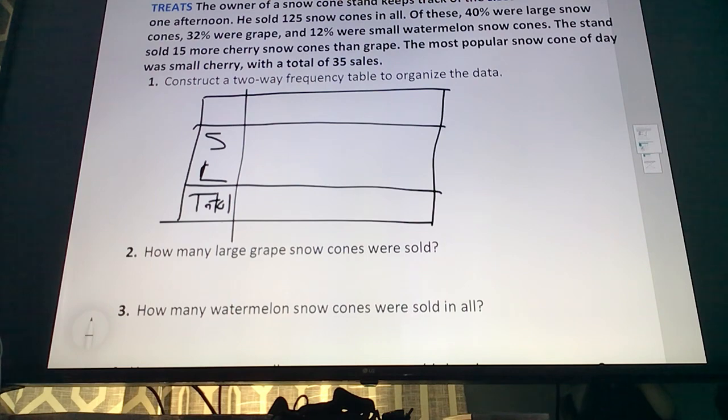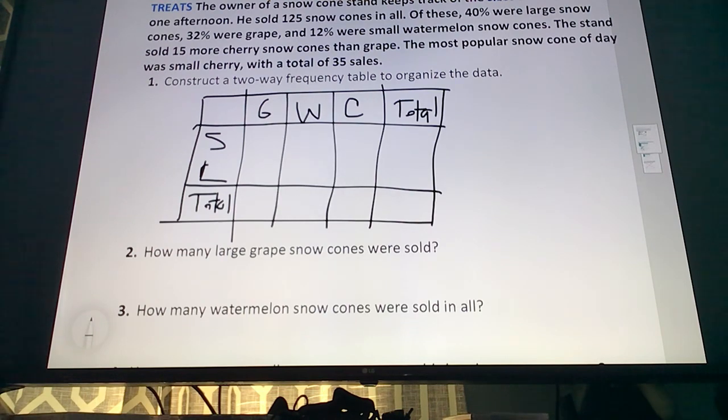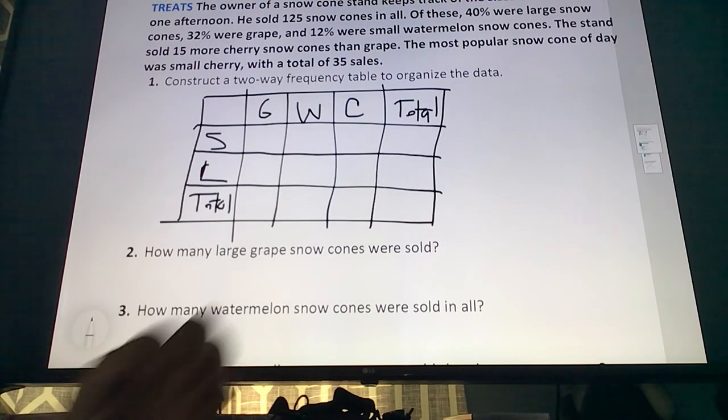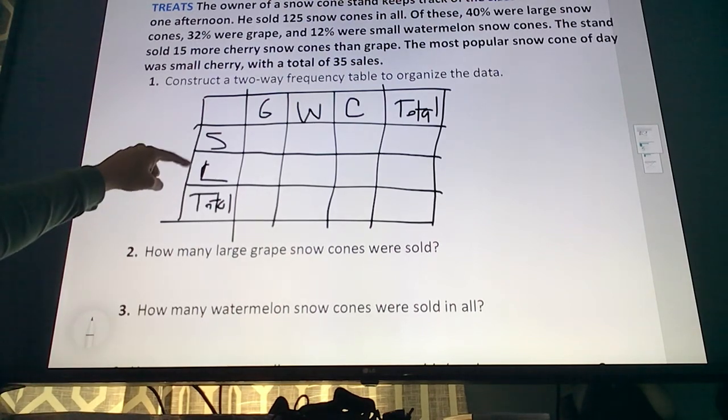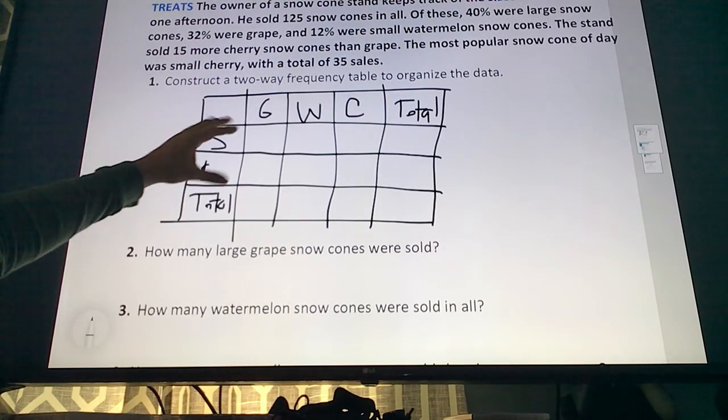And then we also have the flavors, which were grape, watermelon, cherry. Okay, and then we got the totals. Okay, now it does not matter if I would put the flavors over here, grape, watermelon, and cherry, and then total, what have you.